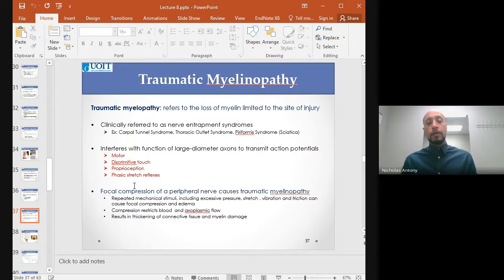But here is how that injury progresses, where you get focal compression, or repetitive stretch, or trauma. There's a buildup of scar tissue in that area or inflammation. It's because of the way that the neuron is, once there's inflammation, it's going to spread and then hit the epineurium.